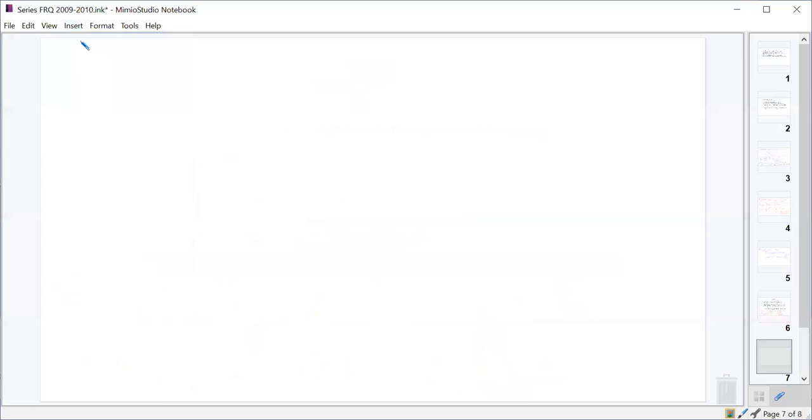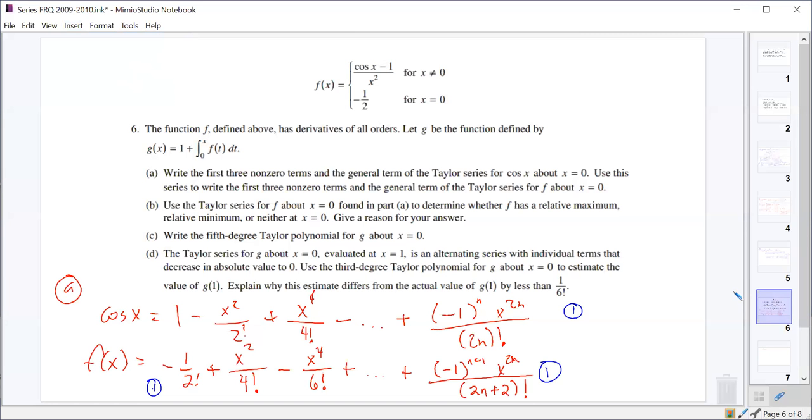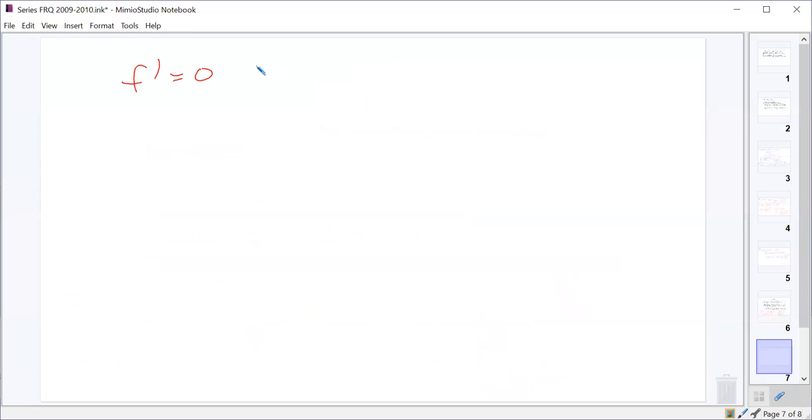That's how we determine where things could have a max or a min. So we want to figure out when f prime equals 0. Well, it looks like f prime should equal 0 if x is 0, right? That's what we're looking at. So we're interested in whether f prime of 0 is a max or a min or either.